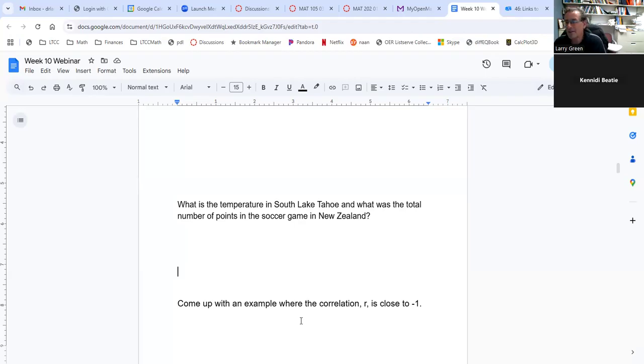Any ideas? So when would R be close to -1?